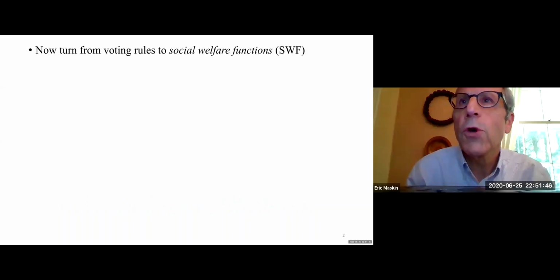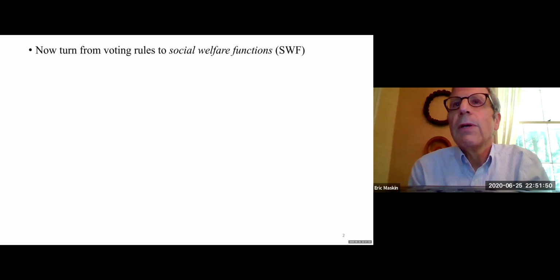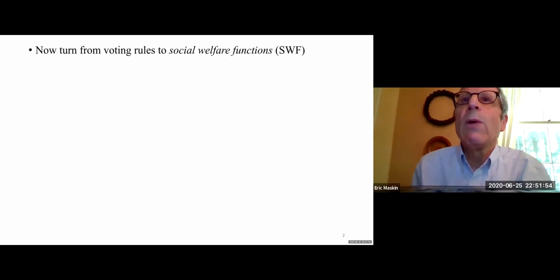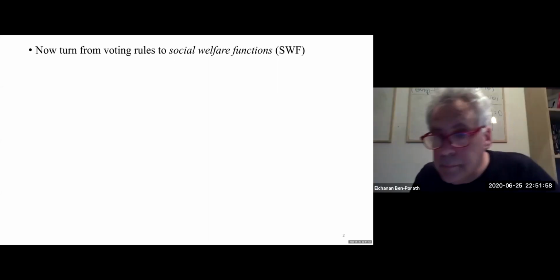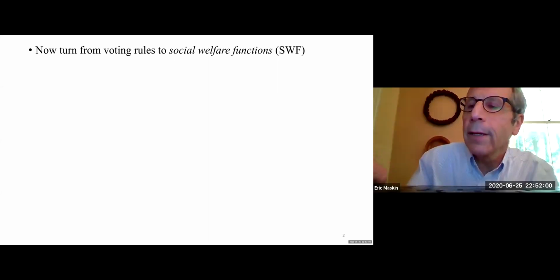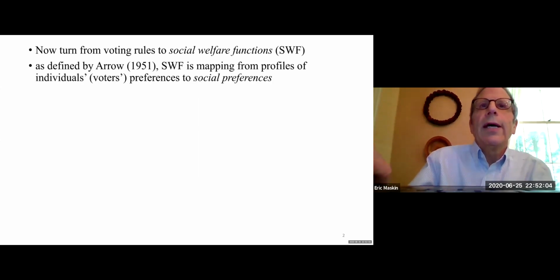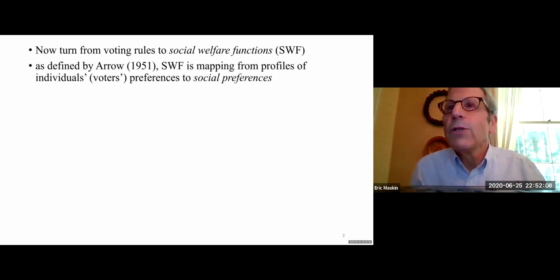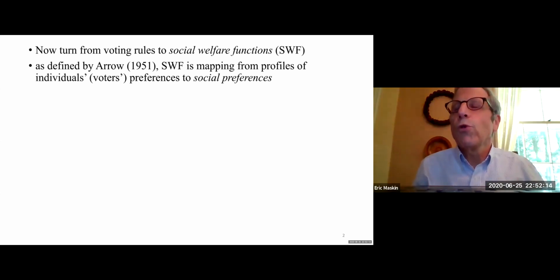In the first talk, I was discussing voting rules, which are sometimes called social choice functions. Now I want to talk about social welfare functions. And the main reason for the change in focus is that Ken Arrow, in his original social choice formulation, worked with social welfare functions rather than with social choice functions.